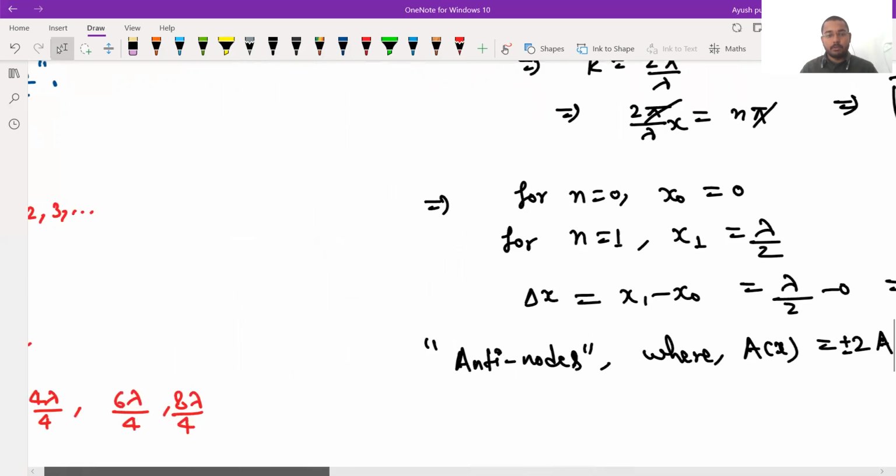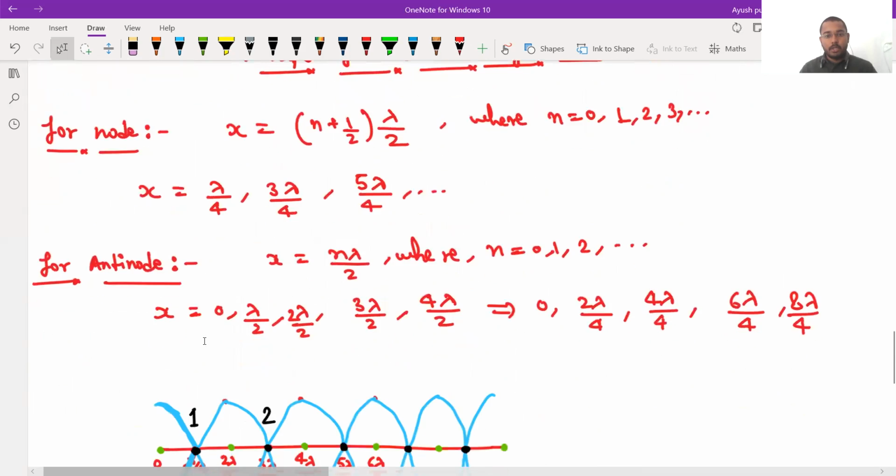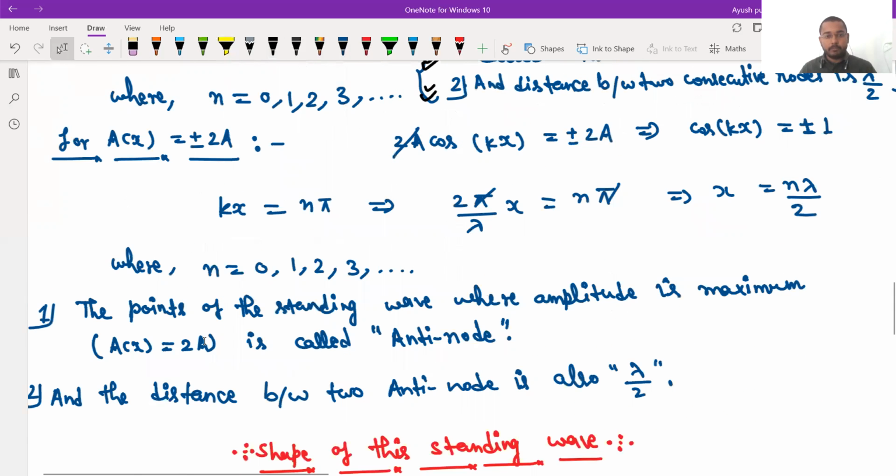Fine, let's get back to the original slide. So this is what I have written as point number 1 and point number 2: the points of the standing wave where the amplitude is maximum, that means A(x) equal to ±2A, are called the antinodes. And the second point I have written, the distance between two antinodes is lambda by 2, right?